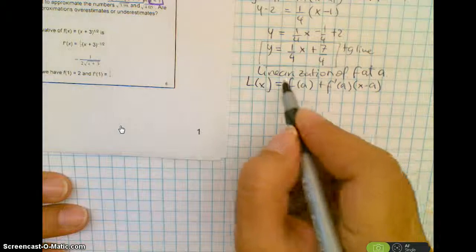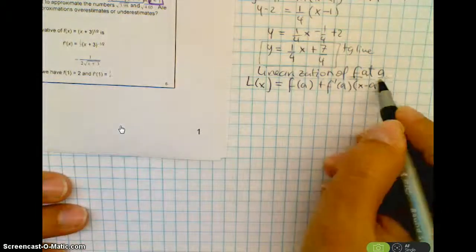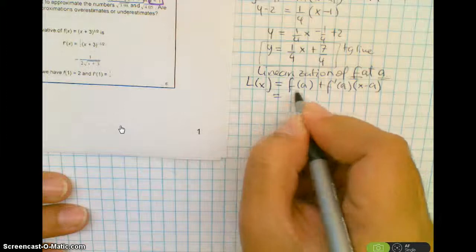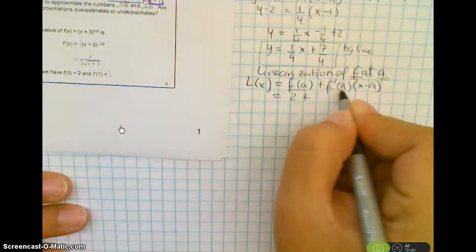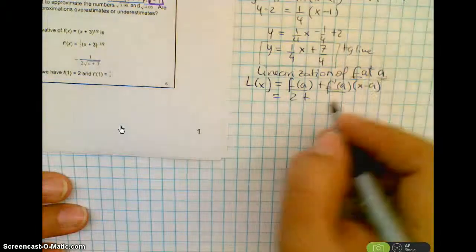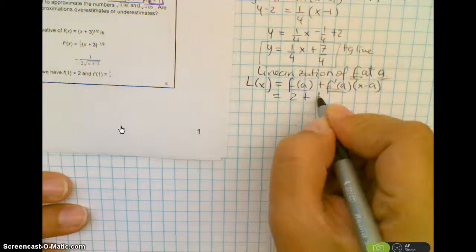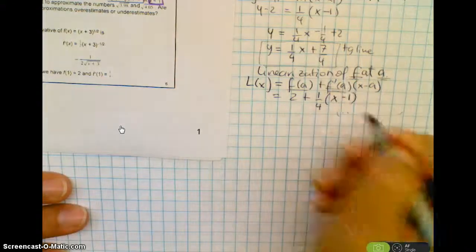which just means what is the approximate y value for my function at a equals 1. So f of a is 2, plus f prime of a, f prime of 1 is 1/4, times x minus 1.